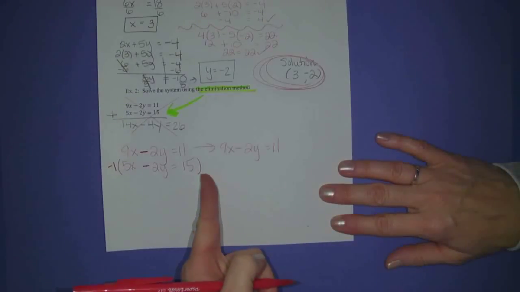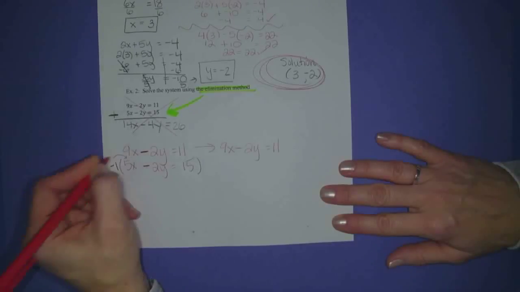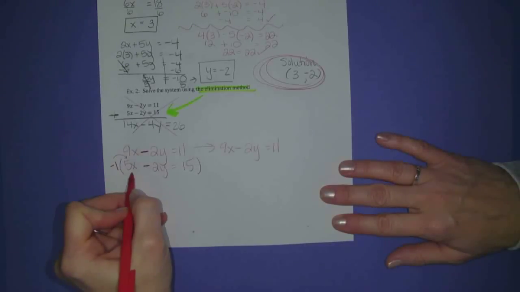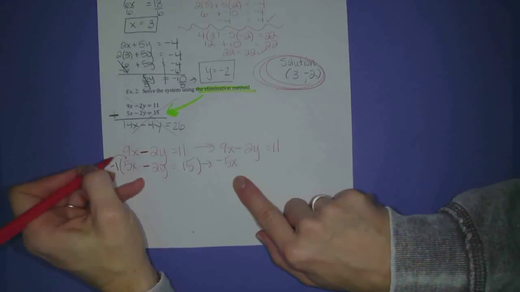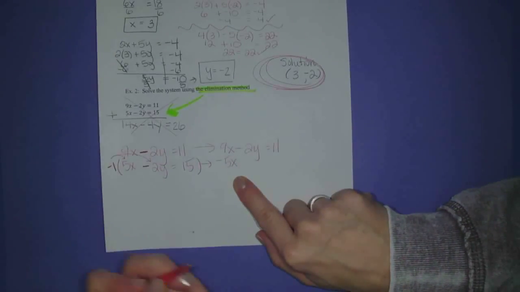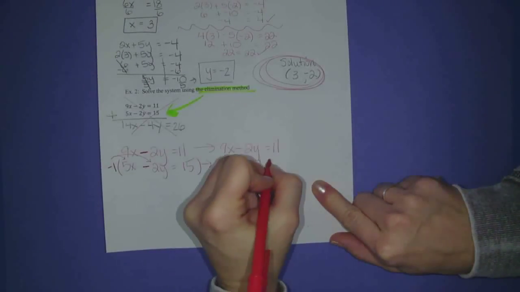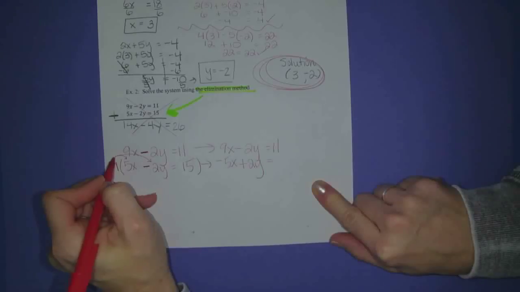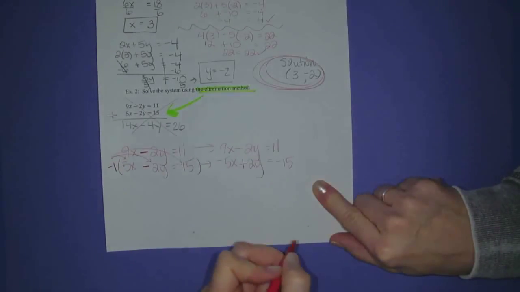Now downstairs here, we're going to distribute a negative 1. So negative 1 times 5x is negative 5x. Negative 1 times a negative 2y is positive 2y. And negative 1 times 15 is negative 15.